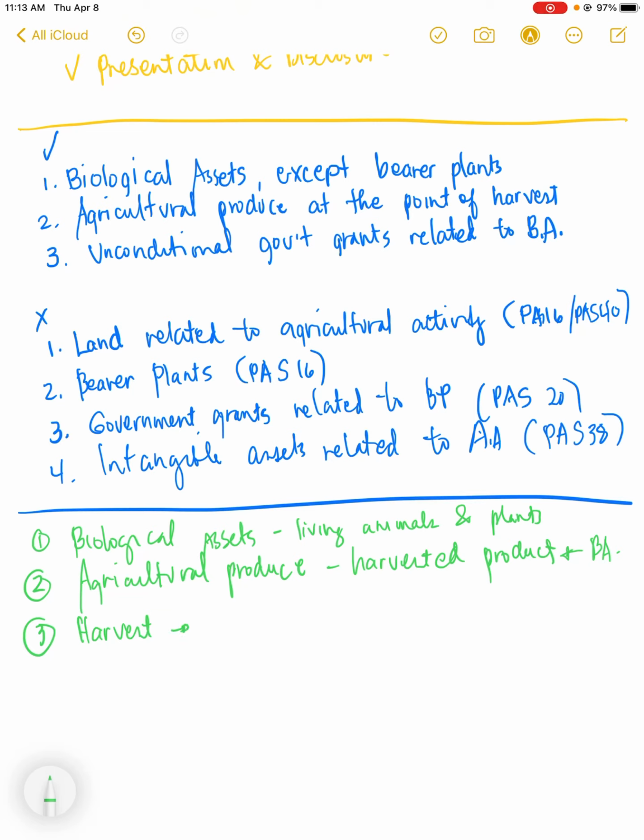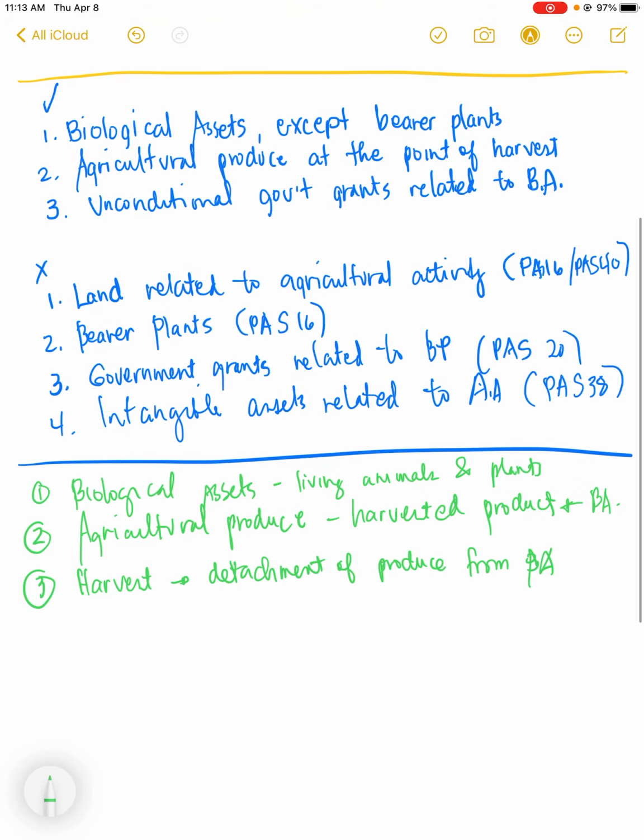So, kagaya lang ng pag-harvest ng palay, when we say harvest, this is the detachment of produce from biological assets. So kapag inalis natin yung agricultural produce sa biological assets, the term being used is harvest.